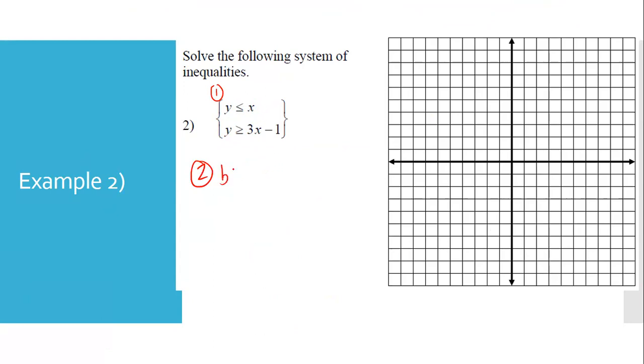My y-intercept for my first one is 0. The slope is 1. Make sense? It is equal to, so I know I'm going to have a solid line. So I'm going to go to 0, up 1 over 1, up 1 over 1, and so on.